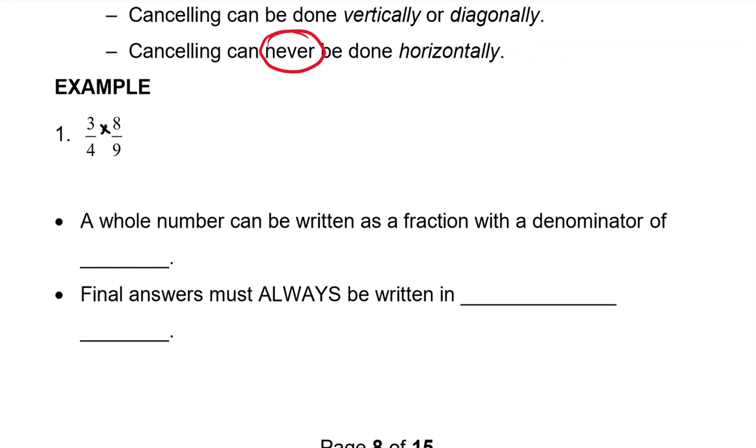What is it? 3, good. So I don't want you to write 3 down. I want you to cross these numbers out, and I want you to write down what is left when you divide them both by 3. Okay? So 3 divided by 3 is 1. 9 divided by 3 is 3.